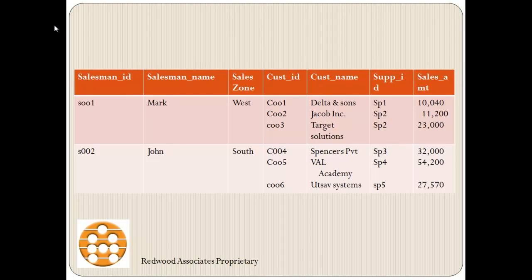Now, a very simple relationship that exists between the salesman and the customer is sales. A salesman sells products to the customer. The supplier supplies goods to the salesman. Now, I would again want you to pull out your pen and paper and quickly draw this ER diagram according to your understanding.